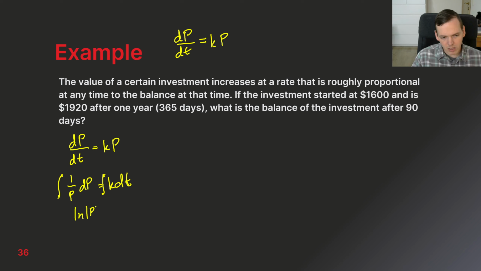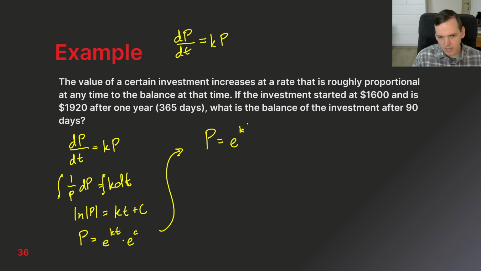Ln of p is equal to kt plus c. P is equal to e to the kt times e to the c. So p equals c e to the kt.